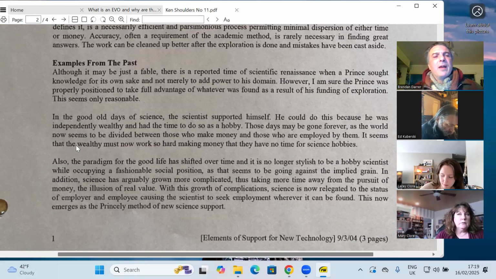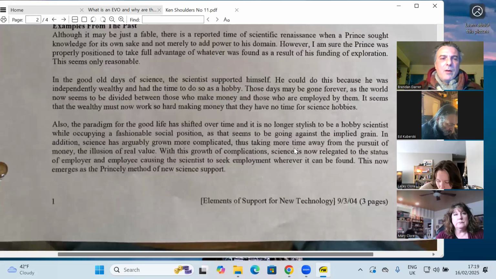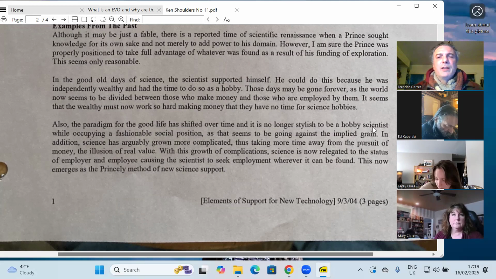It seems that the wealthy must now work so hard making money that they have no time for science hobbies. Also, the paradigm for the good life has shifted over time, and it is no longer stylish to be a hobby scientist while occupying a fashionable social position, as that seems to be going against the implied grain.